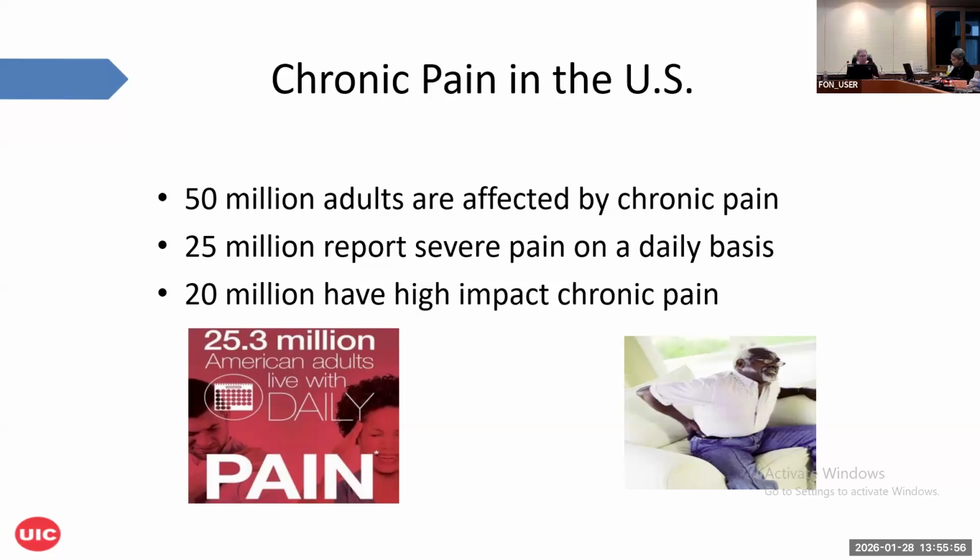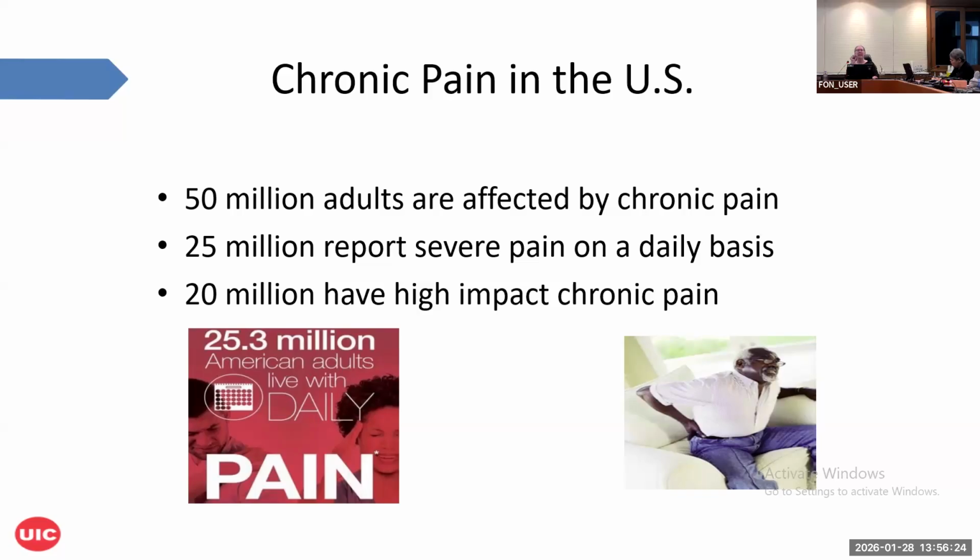And they suffer through it. Okay. High impact chronic pain means that this person may still have a 7 on their scale, but their impact on their life is that they aren't able to go to work, that they aren't able to have good family relations, that they have a lot of anxiety.